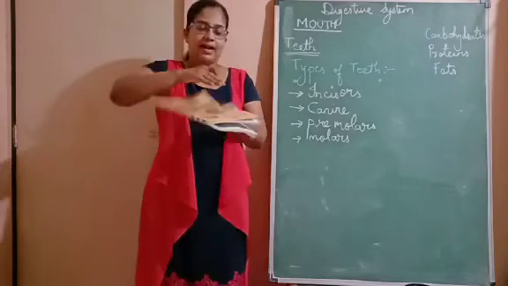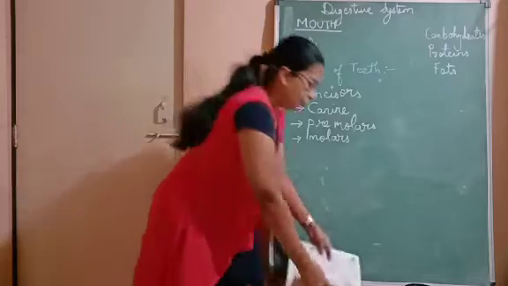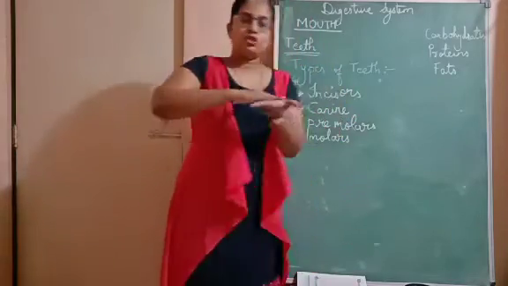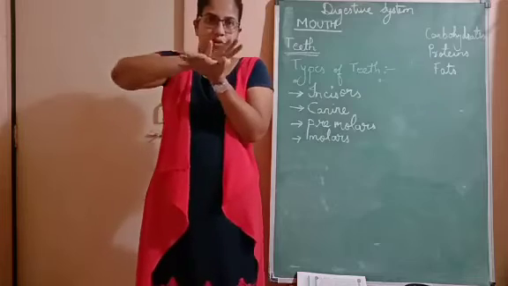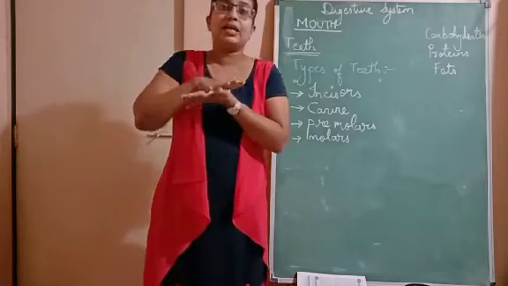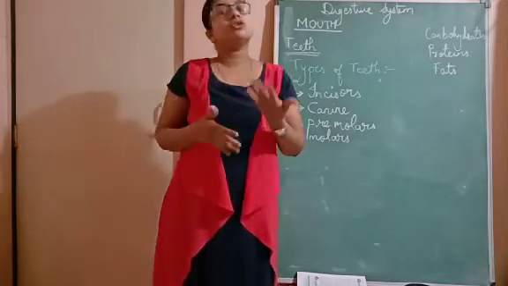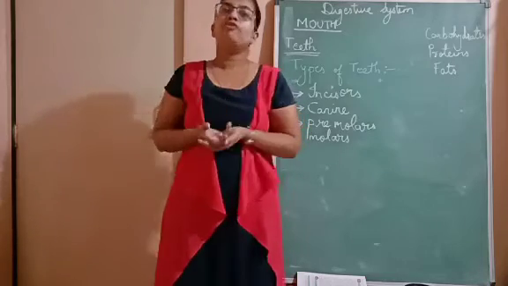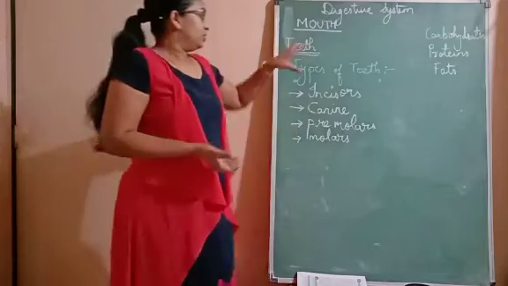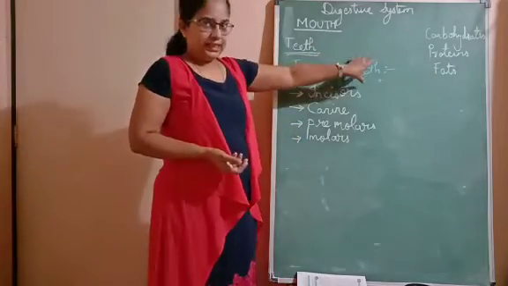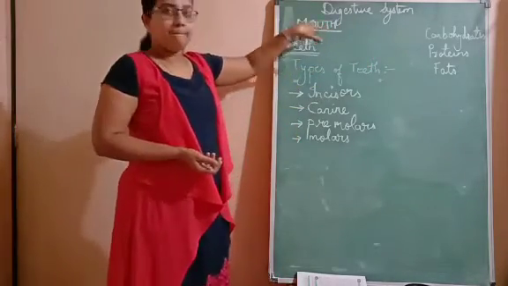Because of that, they help you to grind. So if you have these two parts as a flat surface, then the food is ground. This also helps you to break down the food into tiny particles. This is the main function of the teeth present in our mouth.